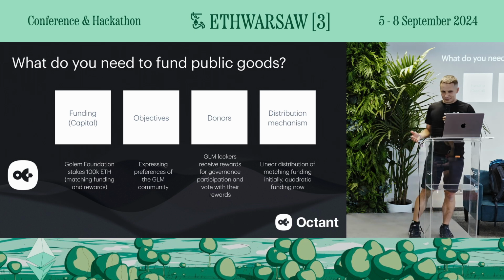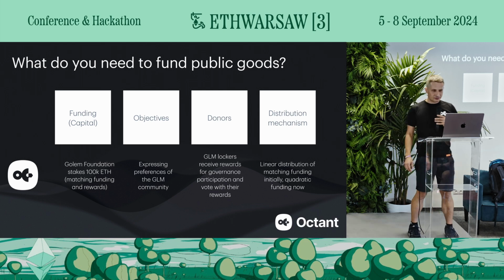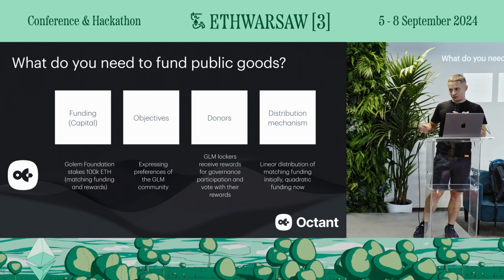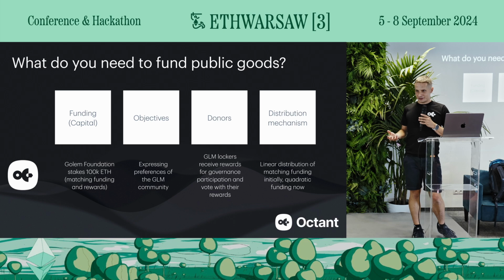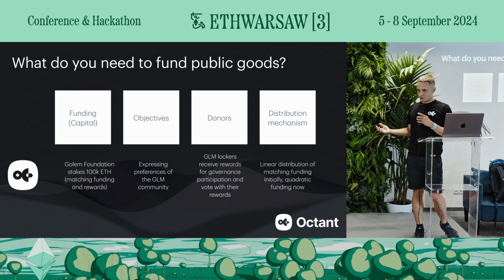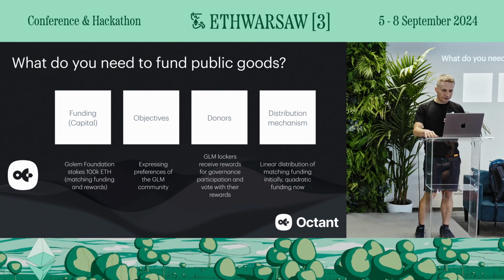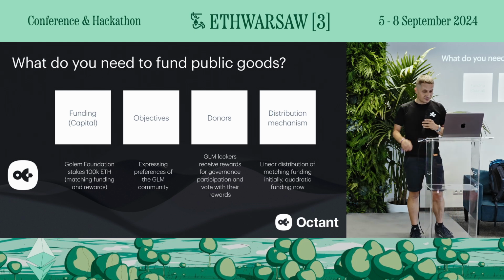To some extent, we need donors to accumulate more capital, but also donors are quite important to signal what should get funded. So individual donations, even if there is a very generous matching funding, still donors are kind of important to signal and to provide information about what sort of public goods should get funded. And of course, you need a distribution mechanism.